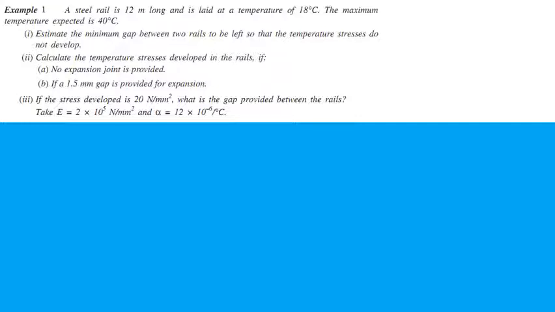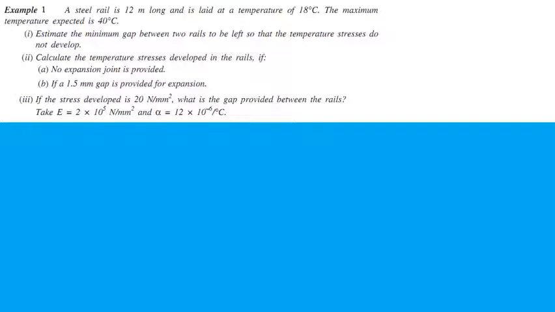The first question is to estimate the minimum gap between two rails to be left so that temperature stresses do not develop. Stresses not developing is the first case, which is free to expand. Second question, calculate the temperature stresses, sigma.